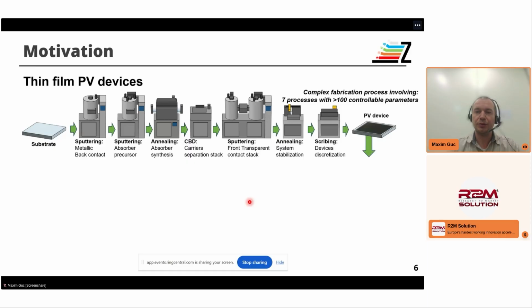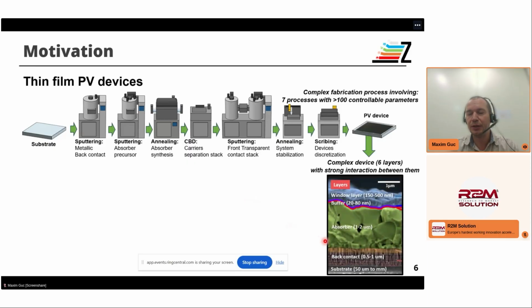And finally, when you are producing a device, you end up having this quite complex structure of the device that consists of several layers. The layers are of micrometric or sometimes even nanometric thicknesses, and each layer has its own property and its own parameters, and everything should be very well respected in order to get the highest efficiency possible for the devices.